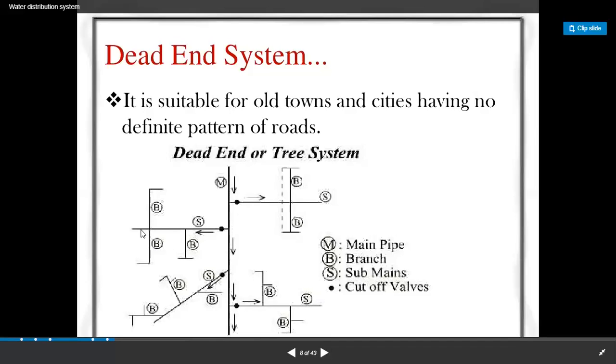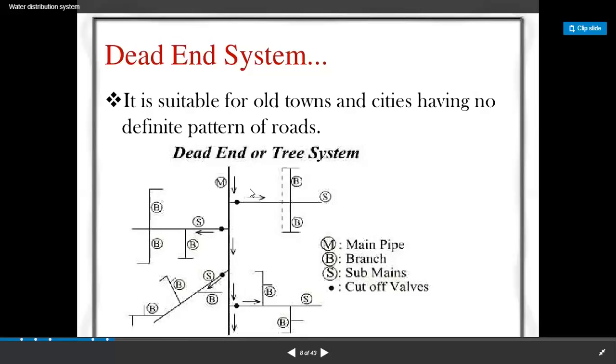Or for sub mains, the branches are provided. Now see, first is the sub main and then the branches. See, it is a sub main, then the branches are provided to that sub main. See, this is the last sub main and two branches are provided to that sub main.